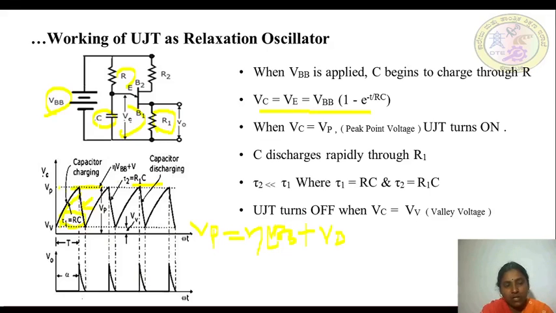That is, the time taken for a capacitor to charge from its initial valley voltage VV to its peak voltage VP will always be more compared to discharging of the capacitor from peak voltage to valley voltage. So once the emitter voltage decays to this valley point voltage, the UJT is turned off.